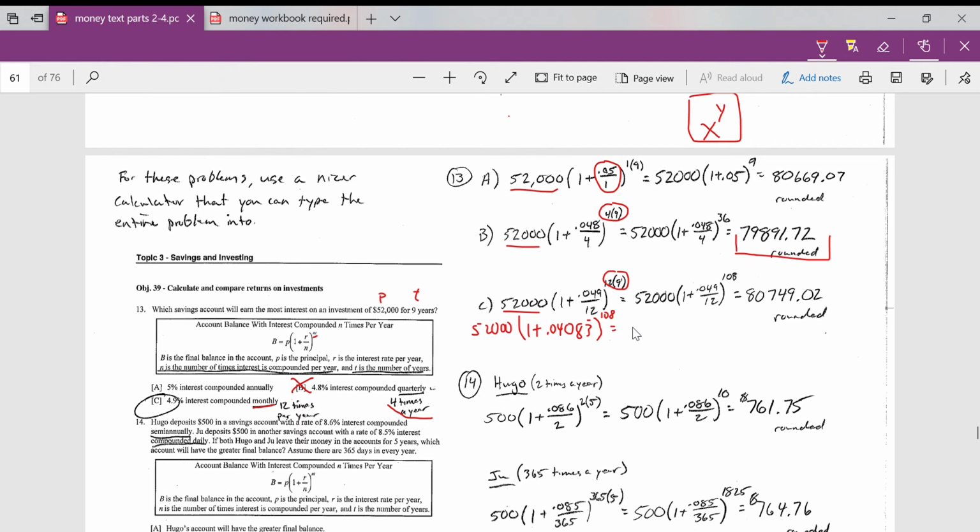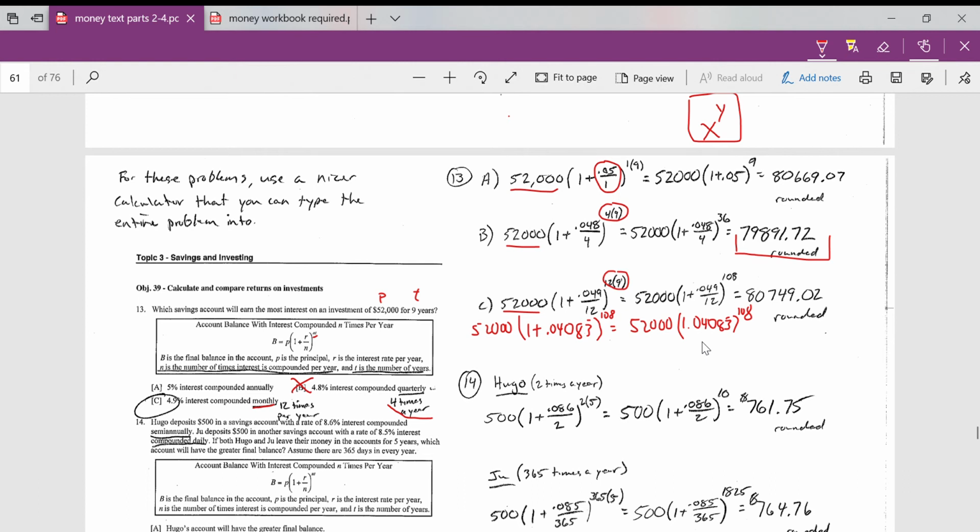Then I'm not going to type out this 52,000 yet in my calculator. I'm going to take the decimal I have in the calculator, which is this 1.0040833, and add 1 to it. So now I have this in my calculator. All I have in my calculator right now is what's in the parentheses.